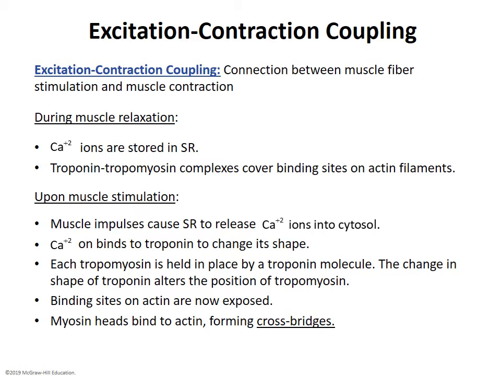Now, once this electrical charge we were just talking about has been passed along the sarcolemma, it is going to go in through the transverse tubules and then will electrify basically the sarcoplasmic reticulum, causing the calcium ions to be released.